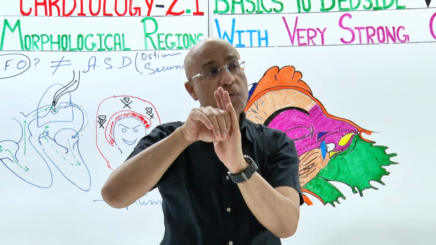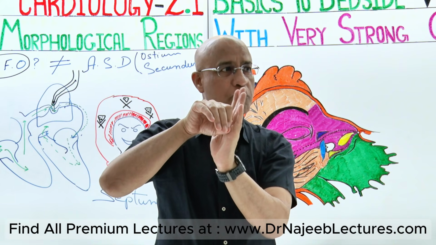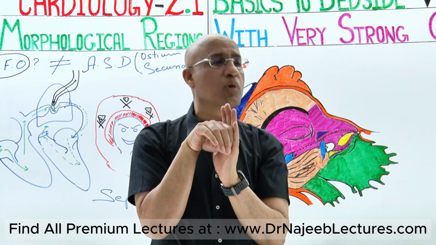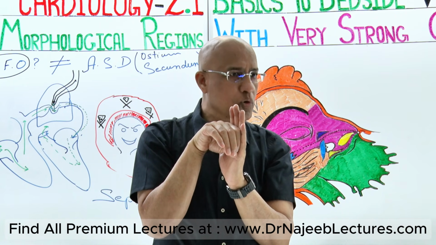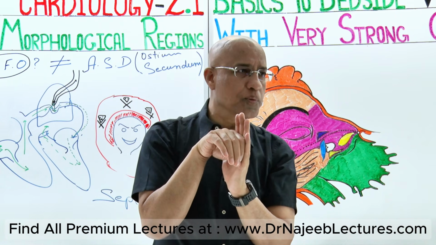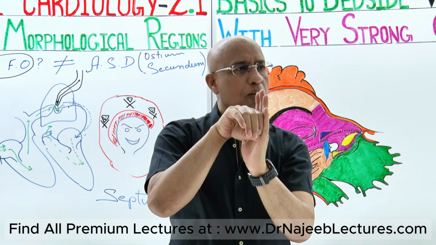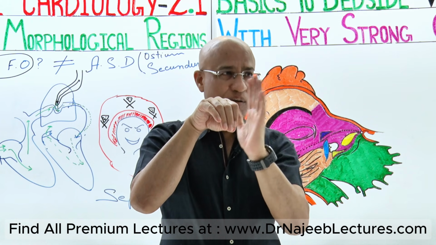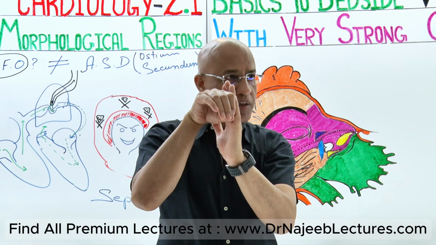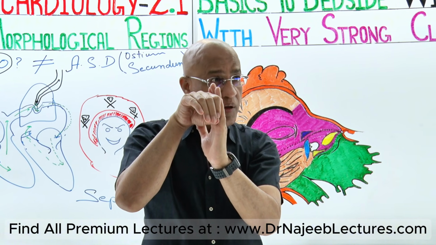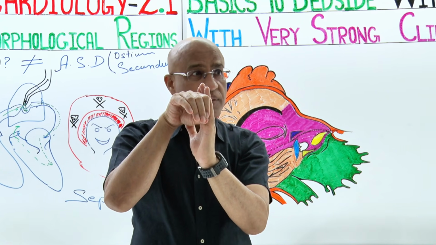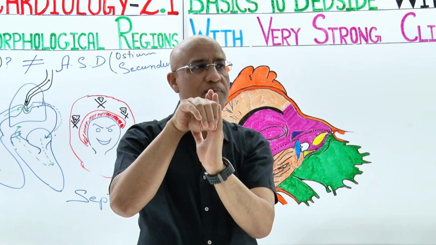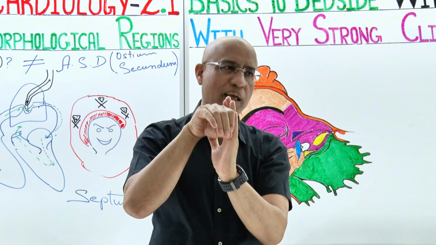Potential means it has the potential to make a communication between the right atrium and left atrium, but this potential is not used all the time. So usually there is no issue, and such partially sealed septum primum, which is making the floor of the fossa ovalis, is called patent foramen ovale.